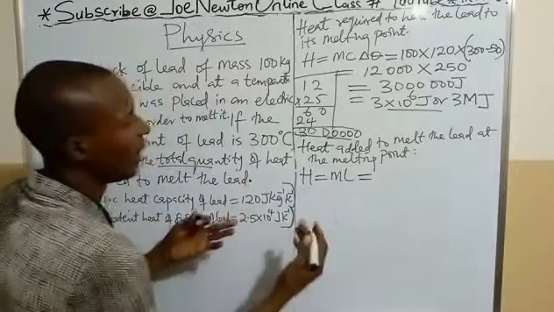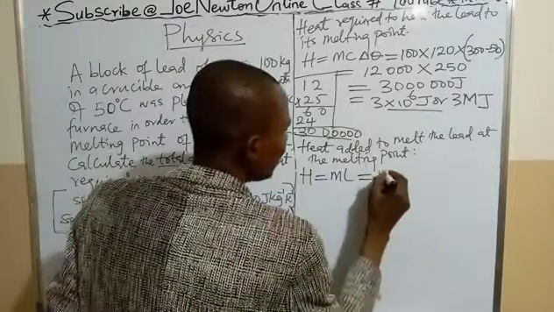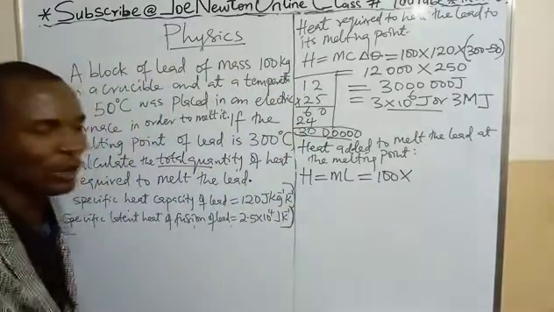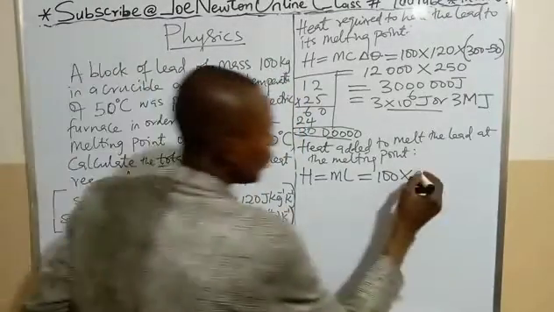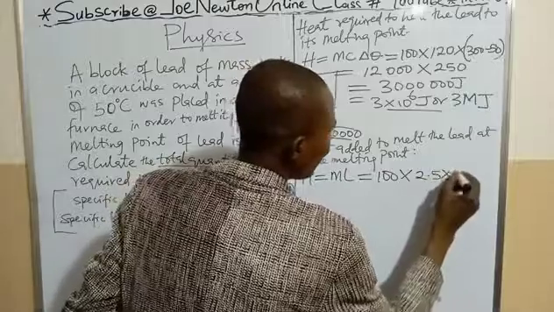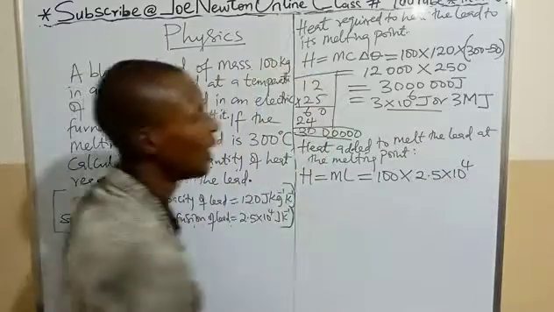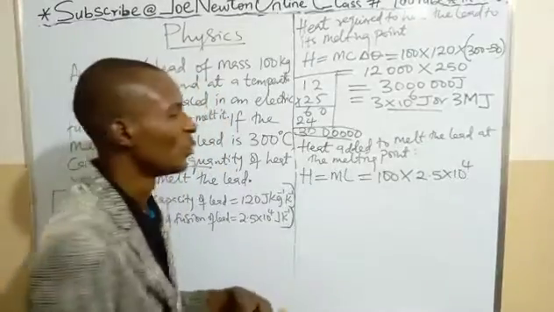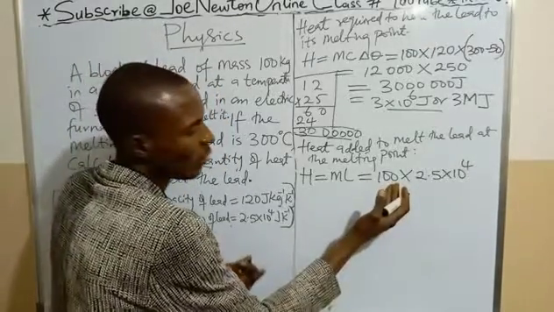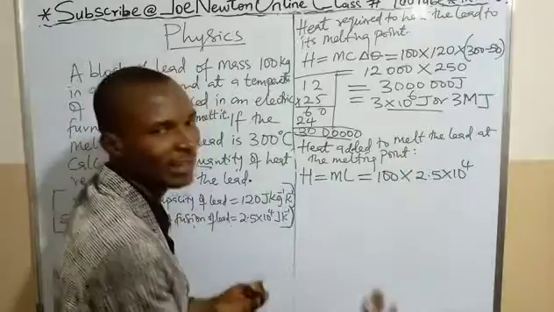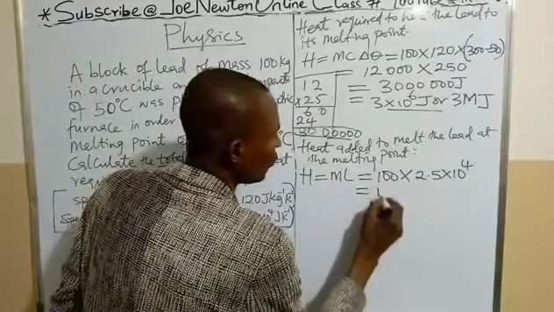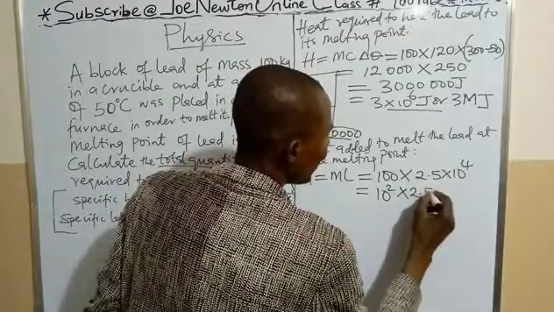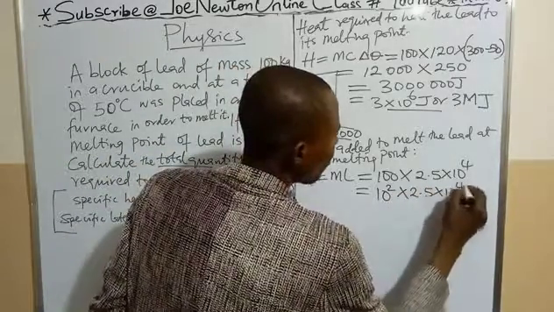Our mass of the lead is still 100 kg times the specific latent heat of fusion of the lead given in the question, 2.5 times 10 raised to the power of 4. Then, having this now, we multiply them. To simplify it, we can change 100 to powers of 10, that is in standard form. It gives 10 raised to the power 2, which is 100, times 2.5 times 10 raised to the power 4.